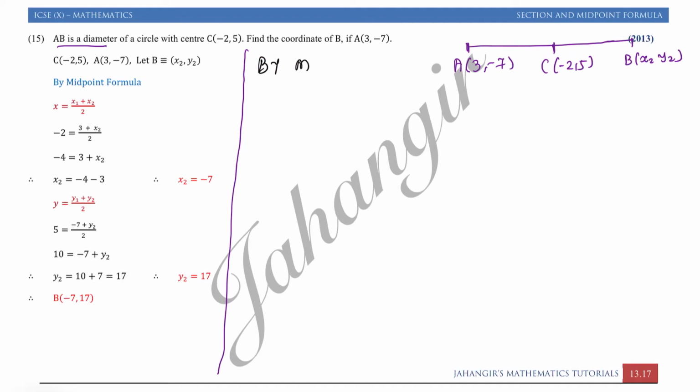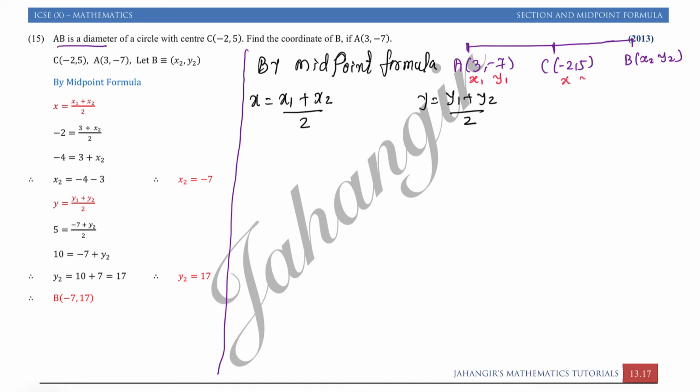By the midpoint formula, we can say x is equal to (x1 plus x2) upon 2 and y is equal to (y1 plus y2) upon 2. Let us write x, y, x1, y1. This is x1, y1, x, y.